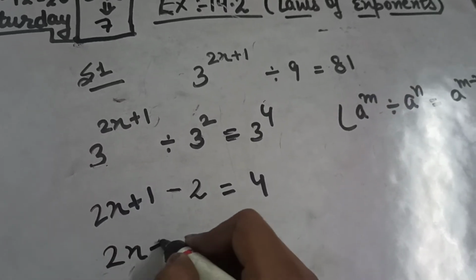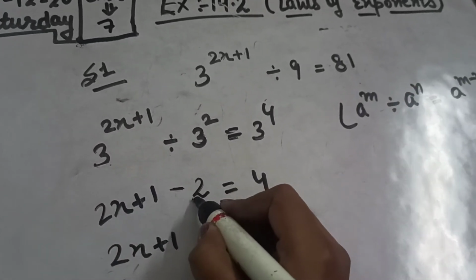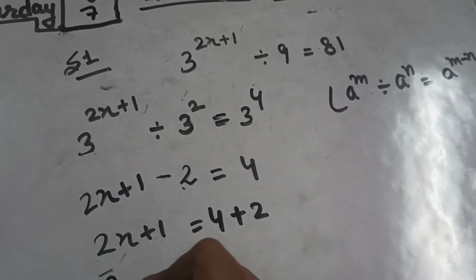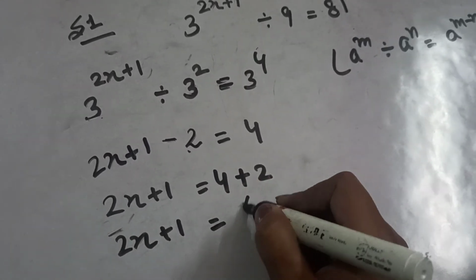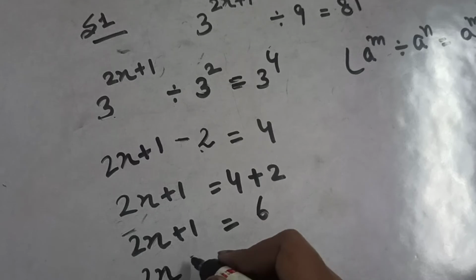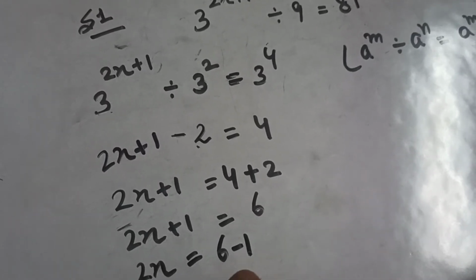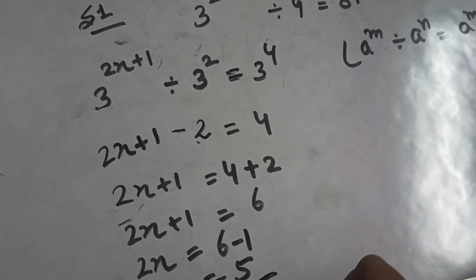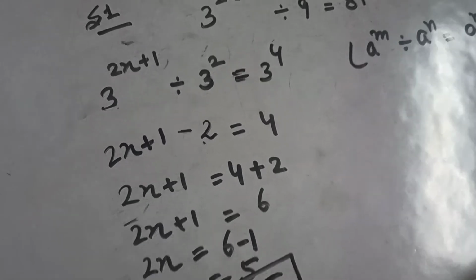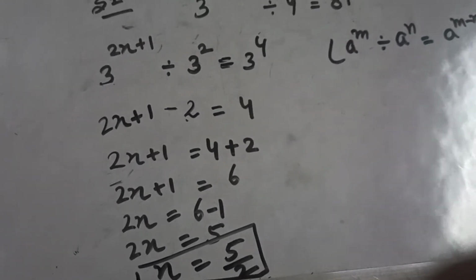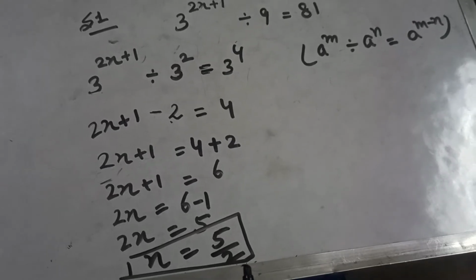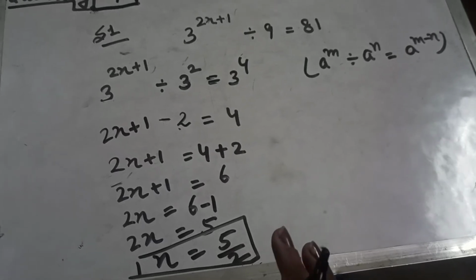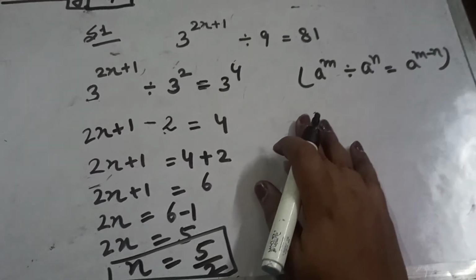Now 2x plus 1, the negative sign will change the side and become positive. So 2x plus 1 equals to 4 plus 2, 6. Again 2x equals to 6 minus 1, which is equals to 5. Now x equals to 5 by 2. Clear? The value of x is 5 by 2. Now by the second way also you can do, but this is the best way, by making the base equal.